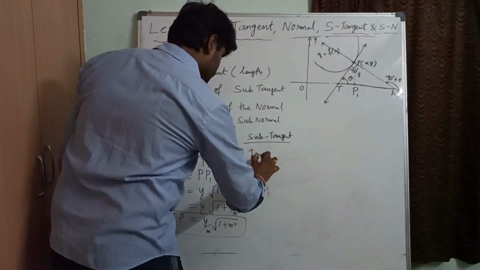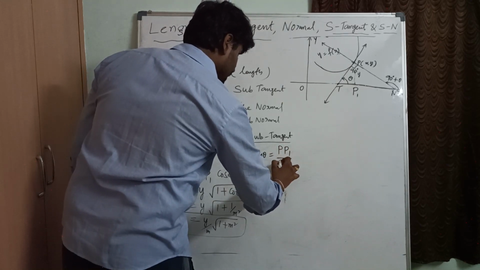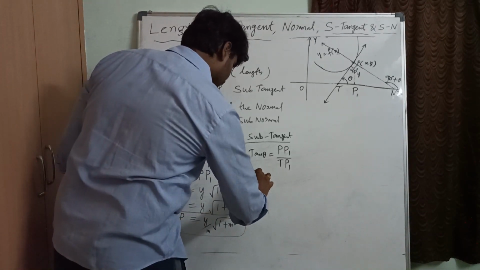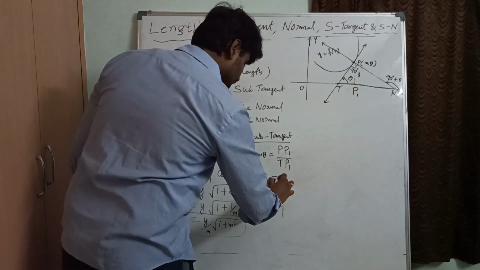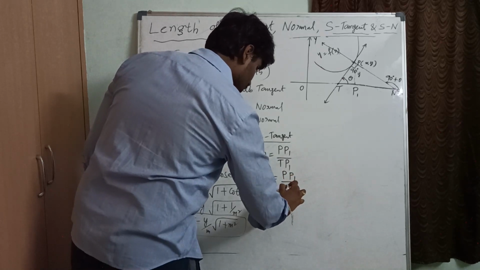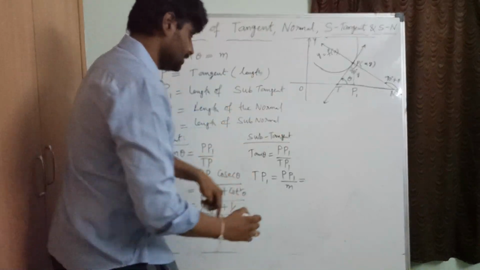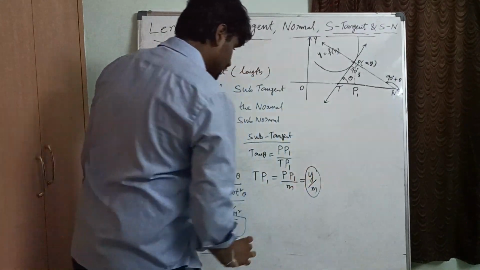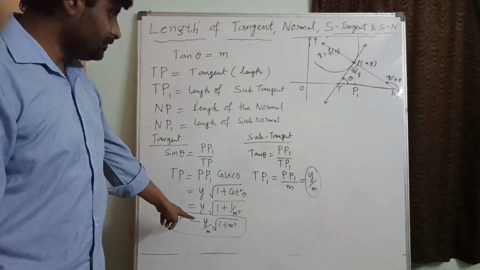Tan theta equals PP1 by TP1, and TP1 is what we need. Taking TP1 as the subject, TP1 equals PP1 by tan theta, and tan theta means m. PP1 is y, so y by m. This is the formula for length of subtangent, and this is the formula for length of tangent.